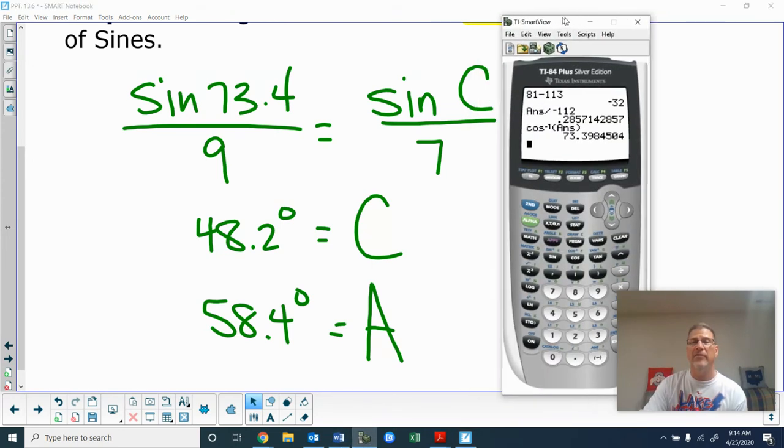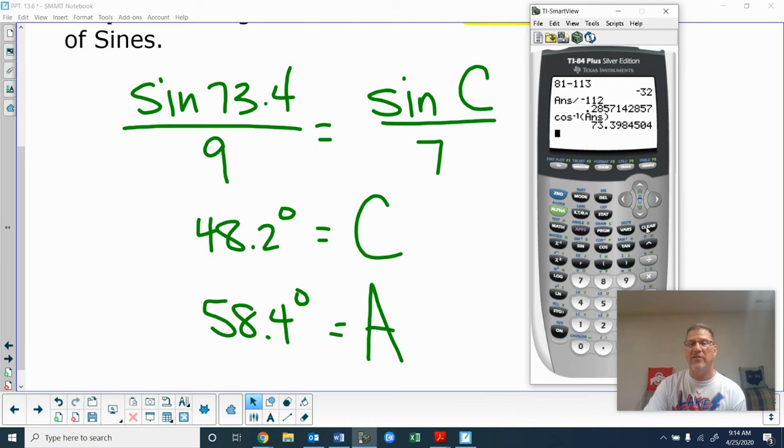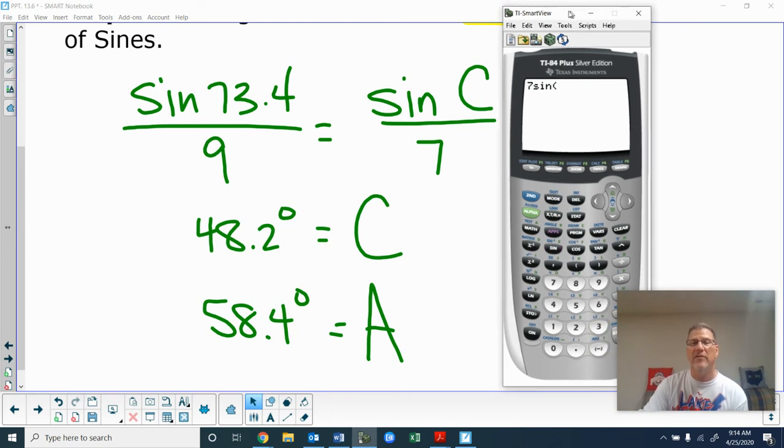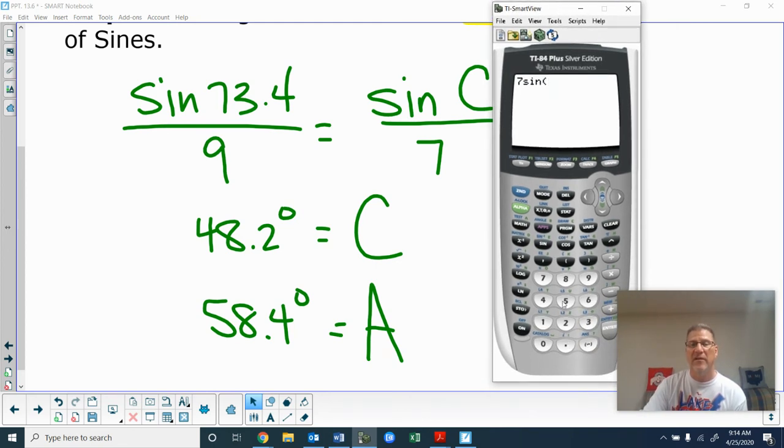I'm going to do that. I'll clear it out. So we're going to go 7 times the sine of 73.4, close it up, divided by 9.